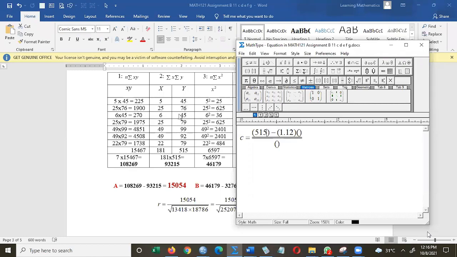Seven of them. 1, 2, 3, 4, 5, 6, 7. And that is the value of what letter? N. And n comes here. Seven is n, seven pairs.